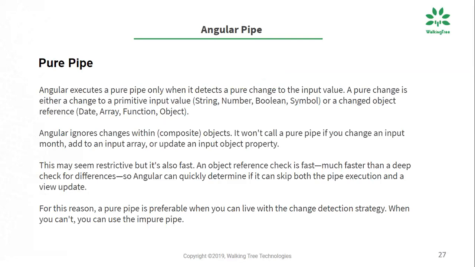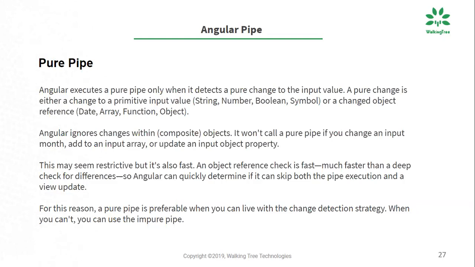Earlier we discussed that Angular will track only the change detection related to reference change. Suppose there is a variable, this.myName equal to Arun. Now if I change it to Kumar, then it will track it.